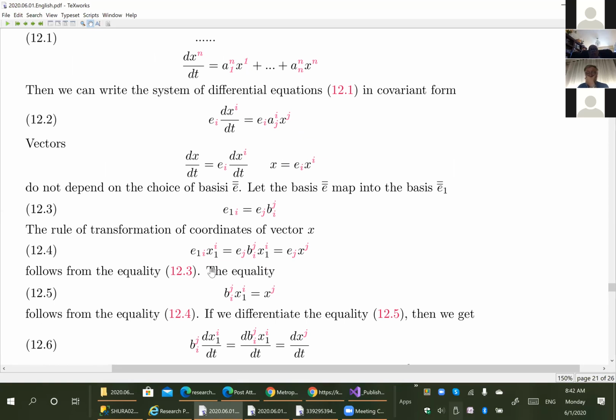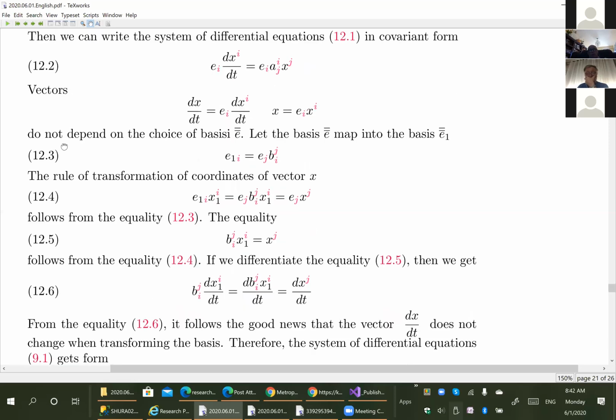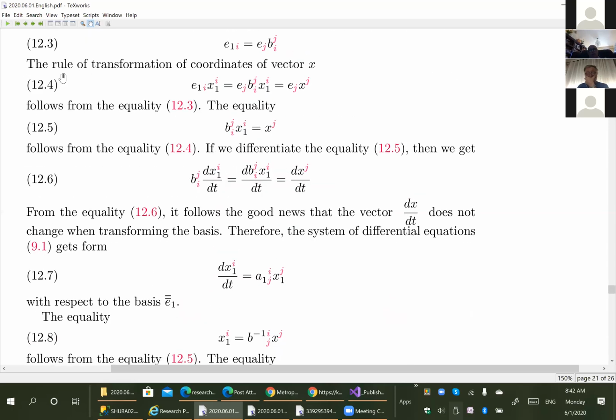In this case, vector X has a transformation, like we have in 12.5, the transformation of vector X. And if I put it all together into my differential equation, I get that relative to the new basis, the system of differential equations will have a slightly different form: dx1/dt equals A1 times x1.